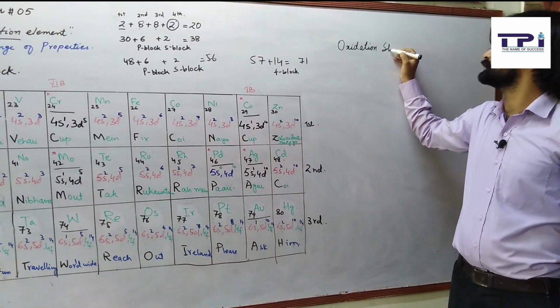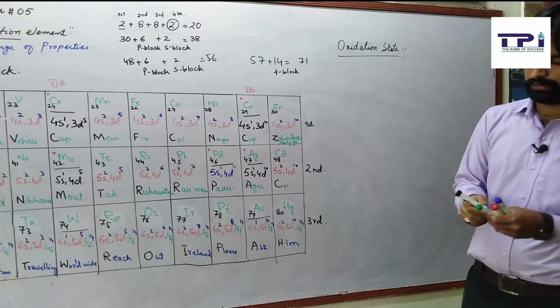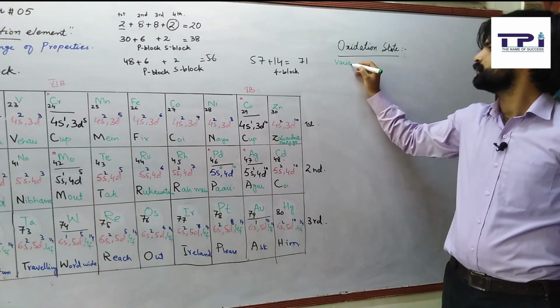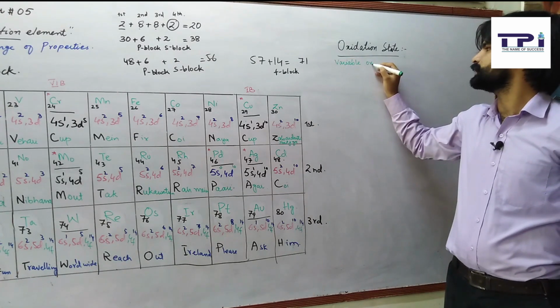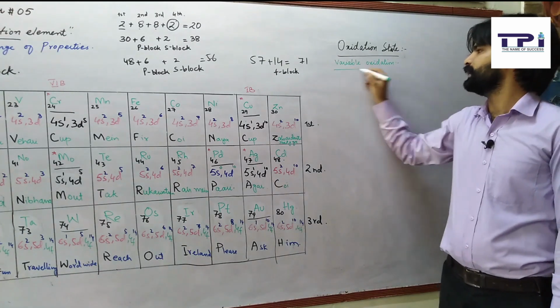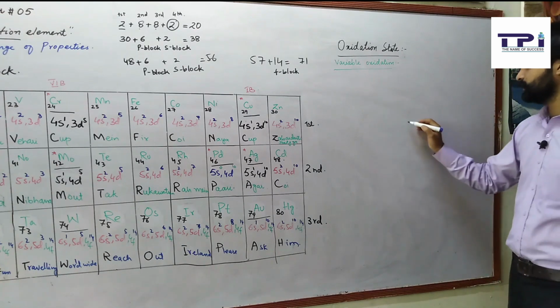Why we discuss oxidation state in chapter 5? Because they have variable oxidation states. Why they have variable oxidation state? For that sake, you have to memorize the picture.